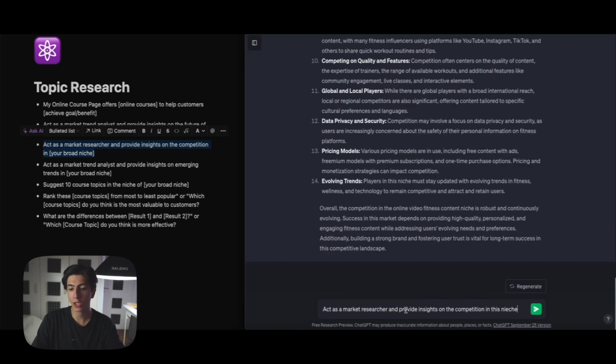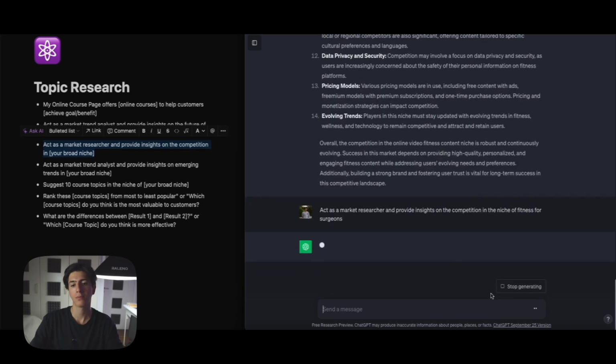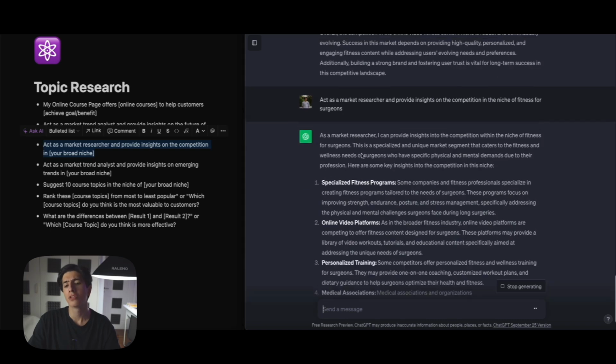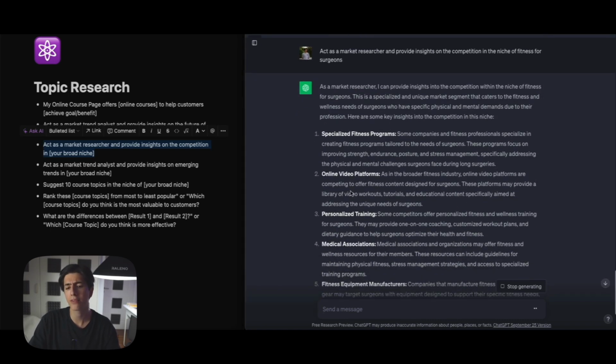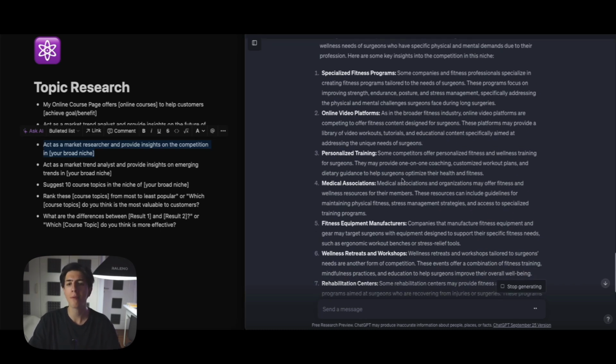Act as a market researcher and provide insights on the competition in the niche of fitness for surgeons. Okay, so let's see what's going to come up. So we got, again, specialized fitness programs, online video platforms, personalized training, medical associations, fitness equipment manufacturers. So again, similar results.